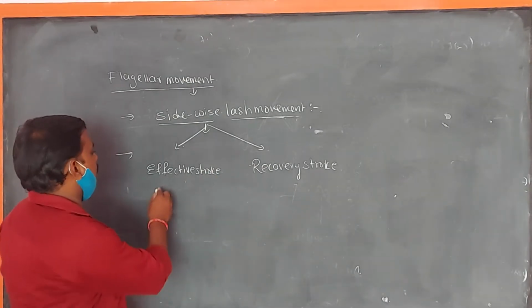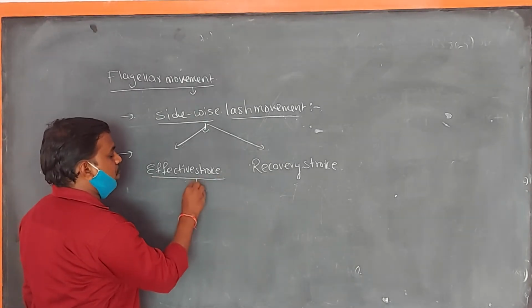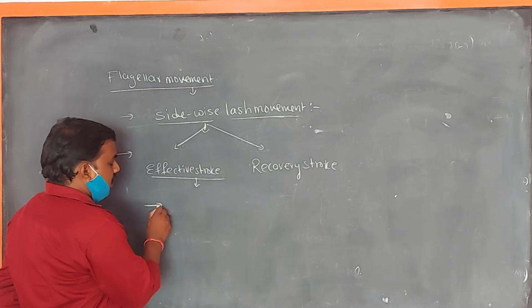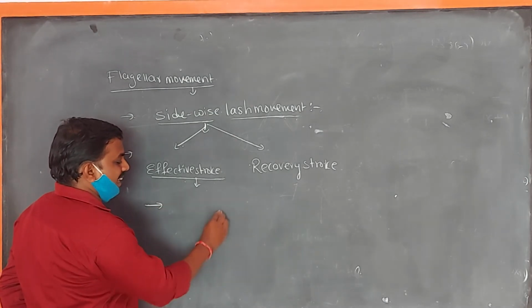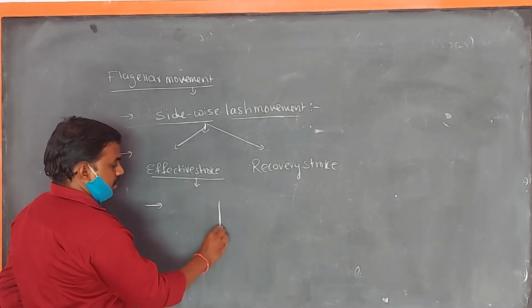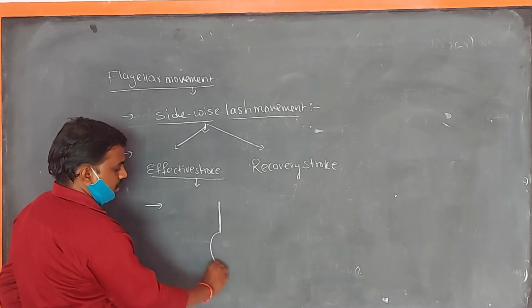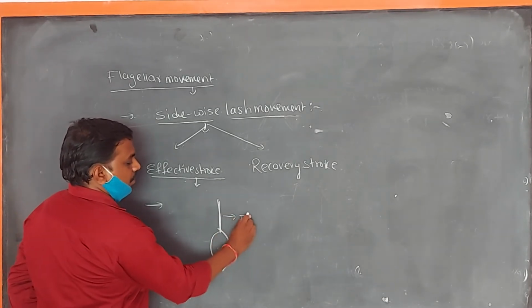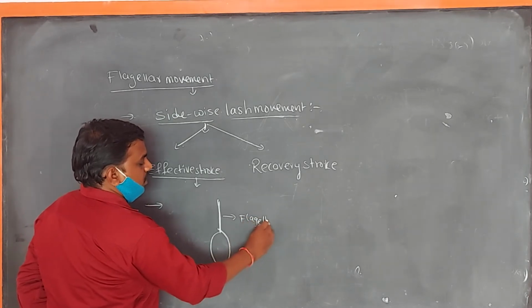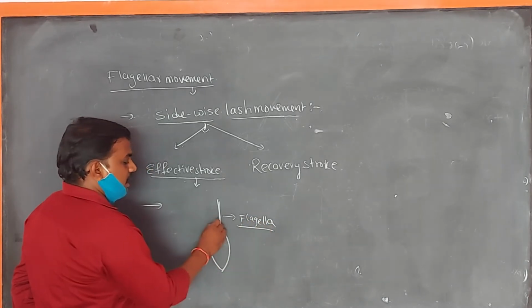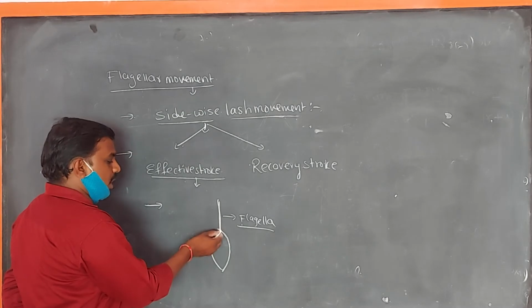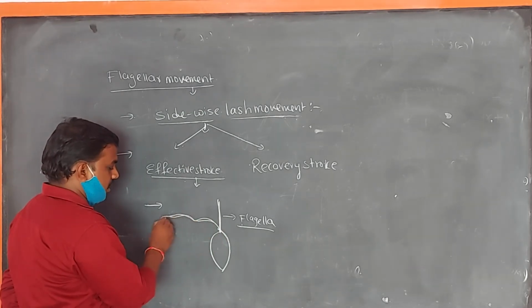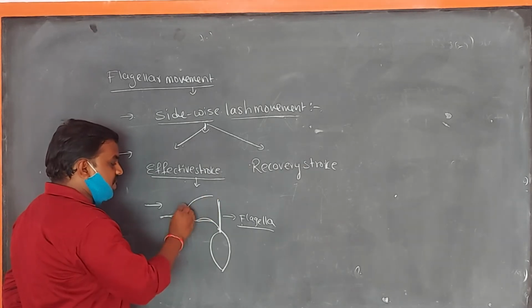What is meant by effective stroke? Effective stroke means the flagellum first becomes rigid. This is an organism, and these are the flagella. The flagella first become rigid and bend into one side, beating against the water.